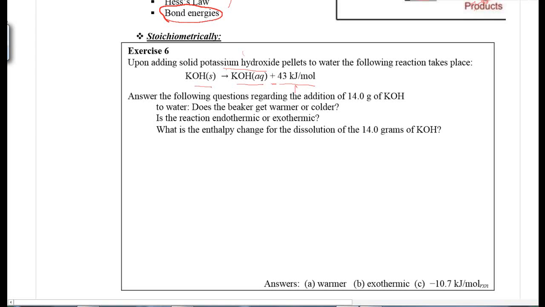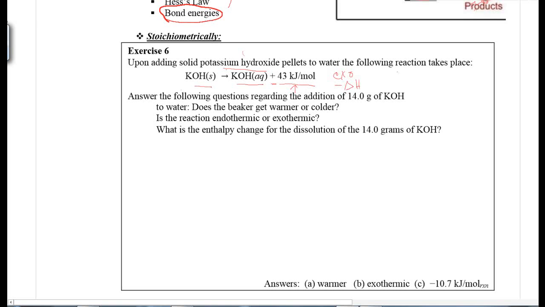Now, this is showing the heat as a product. Okay, I've got a plus, I'm showing heat as a product, which means this is exothermic, right? My delta H is going to be negative. The system is losing heat. I lose heat as I do this.